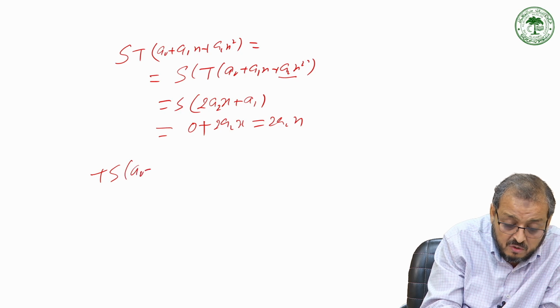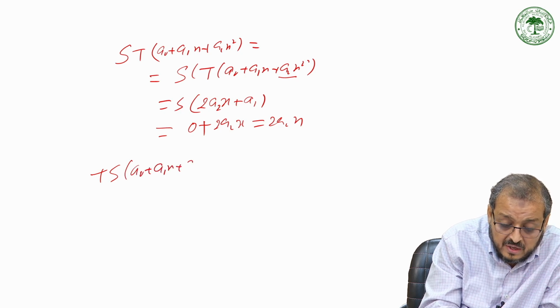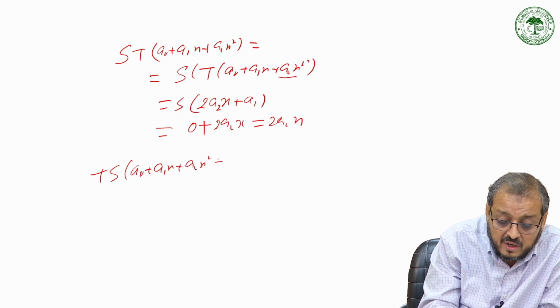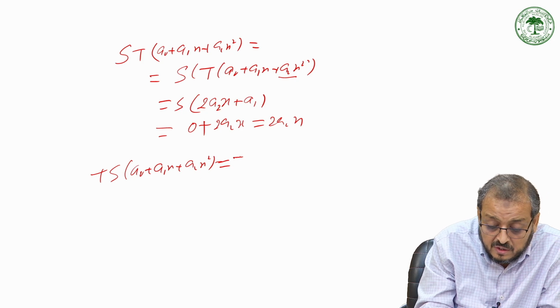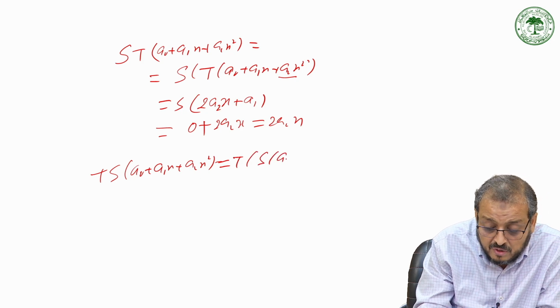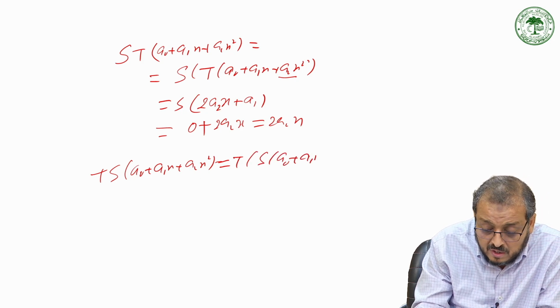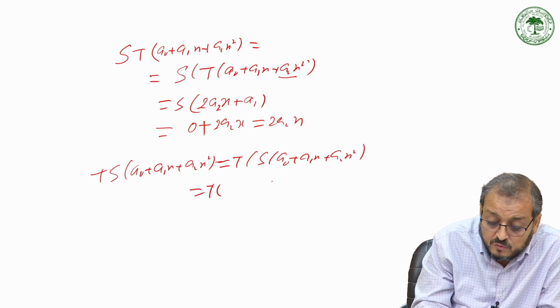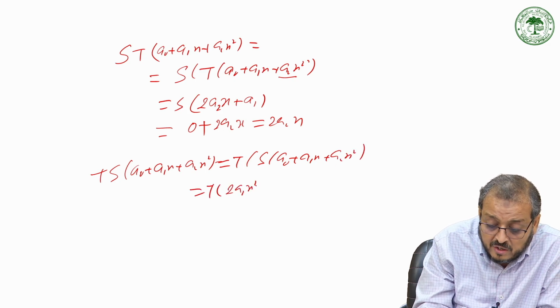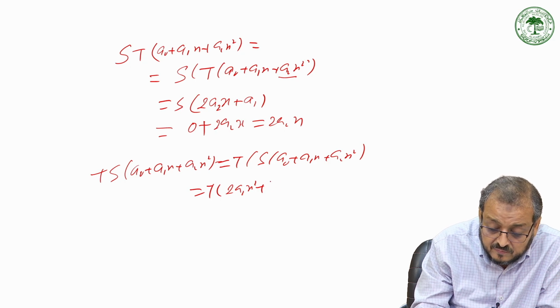Now we calculate T of S. T of S of (a0 + a1x + a2x²) is equal to T of (twice a2 x² + a1x).